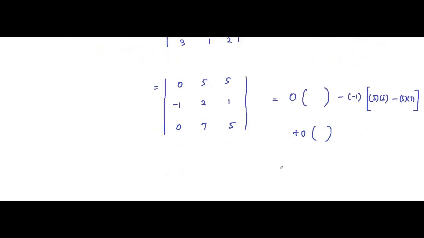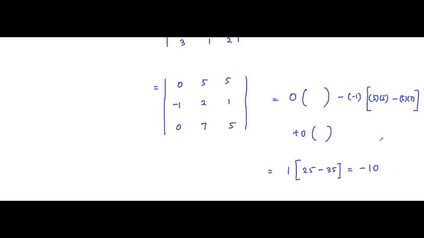So this becomes minus of minus 1 becomes 1 into (25 minus 5 into 7, 35). This becomes 1 into minus 10, that is equal to minus 10. The result is minus 10.